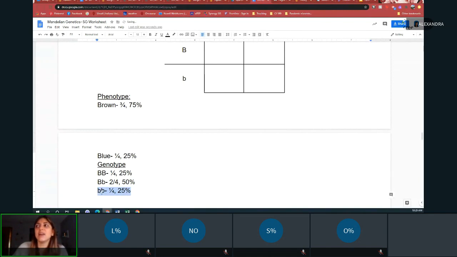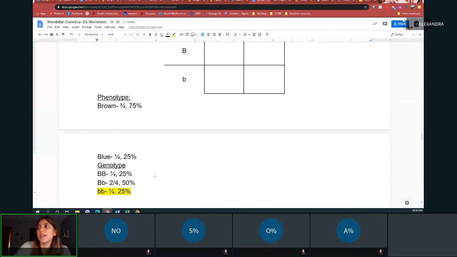You might have to make two Punnett squares to see what the chances are of him having either one, because you don't know exactly what the genotypes of his parents are. So you might have to make two different Punnett squares, trying each one. But for right now, we know that there was a 25% chance for him to have blue eyes.